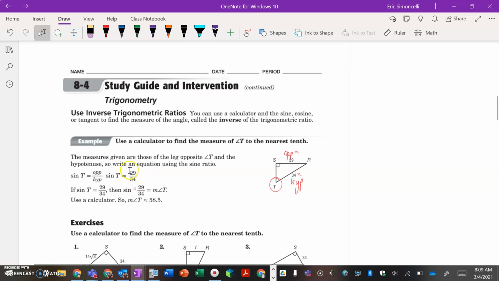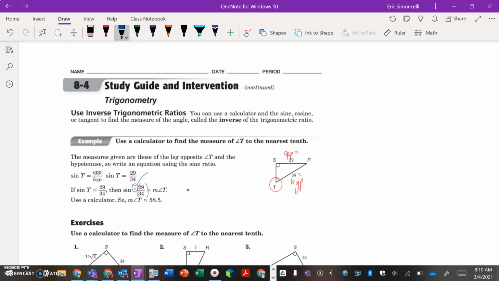Now that's great, we know our ratio. However, we don't quite have a technique or strategy yet to find the angle. So what we use is something called an inverse. This little symbol right here, which technically we've seen before but in a different context, is going to be indicative of what we need to do to find t.